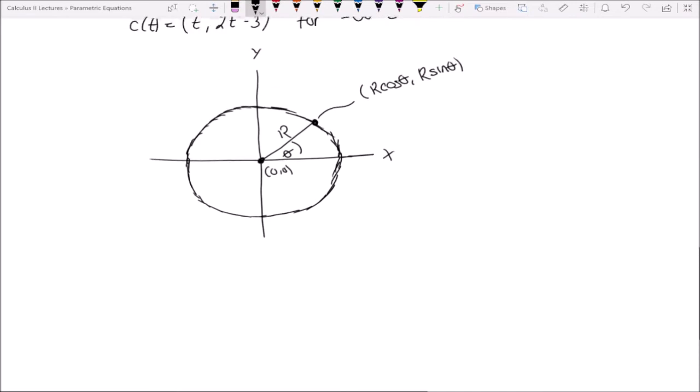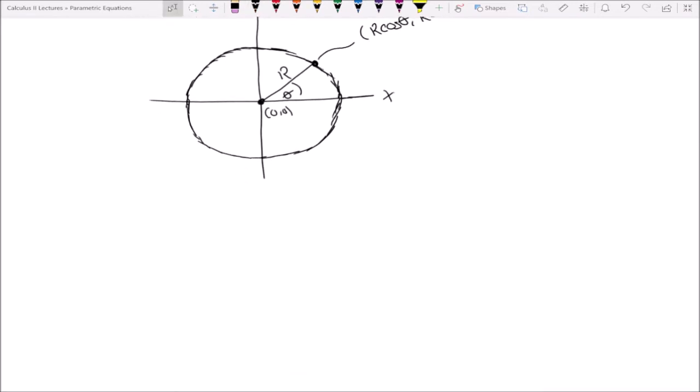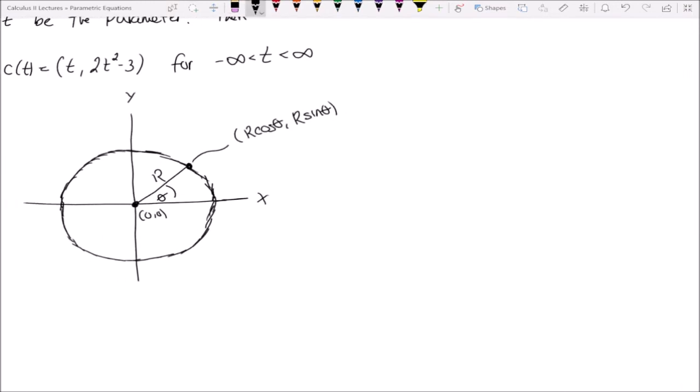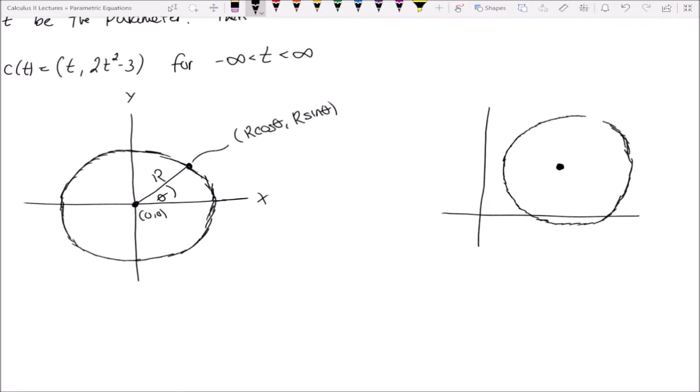Well, now what would happen if we do this? That wasn't very well drawn, but that's okay. I can just move it.